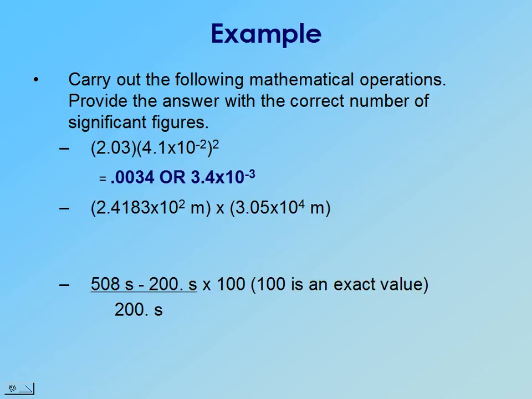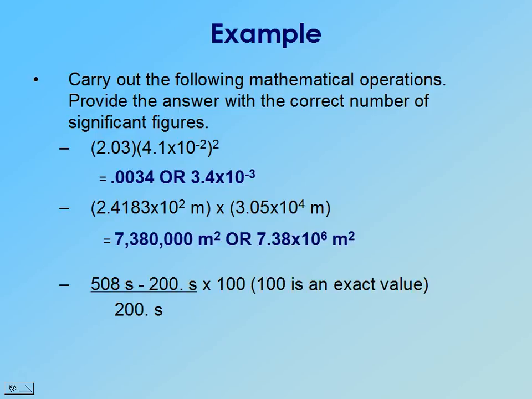The second example also involves multiplication, but I put this one in here because of the units. When you are multiplying or dividing units, you treat them just like exponents, so m times m becomes m squared. The first measurement has 5 sig figs. There's 5 digits before the times 10 to the second. The second measurement has 3 sig figs, 3.05, so you want 3 in your answer.